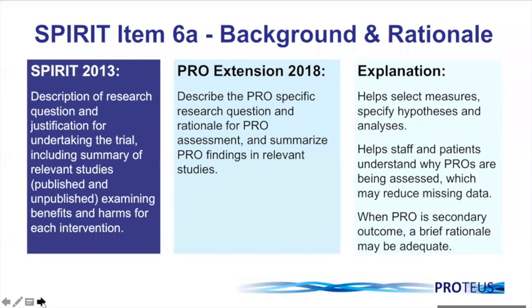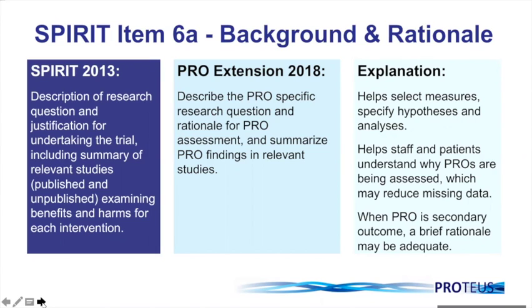SPIRIT item 6a is focused on the background and rationale. SPIRIT 2013 states that you should describe the research question and the justification for undertaking the trial and a summary of results. The PRO extension states that you should describe the PRO-specific research question and rationale for PRO assessment and summarise PRO findings from relevant studies.